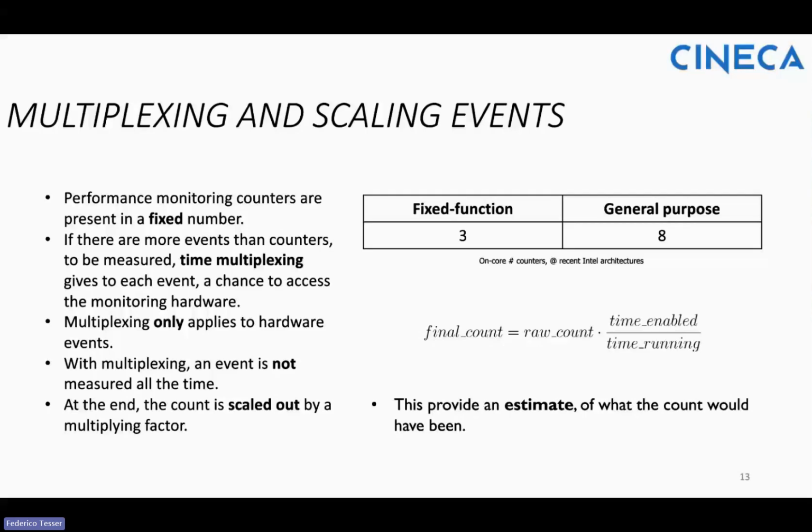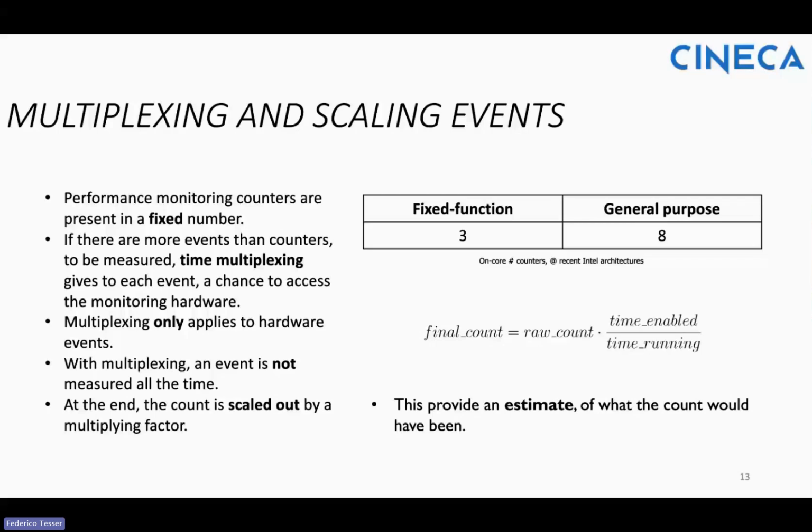But what happens if you ask to measure more events than the number of counters that you have on each core? Then you have to enable multiplexing. Multiplexing gives you an ideal final amount of the event that you want to measure, using the math formula that you see on the right.